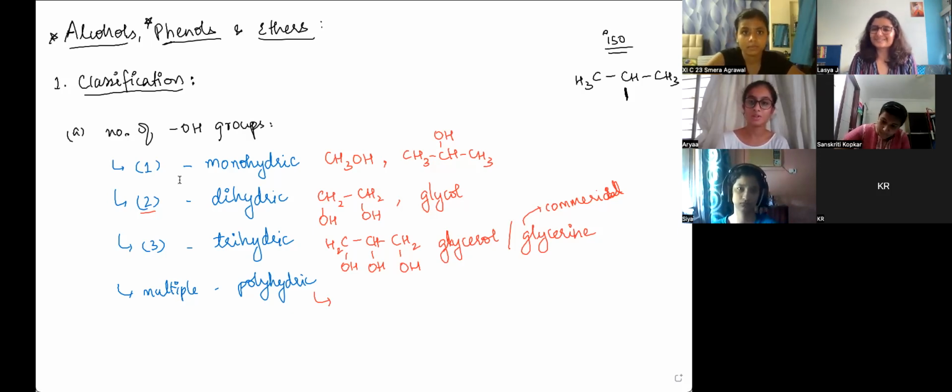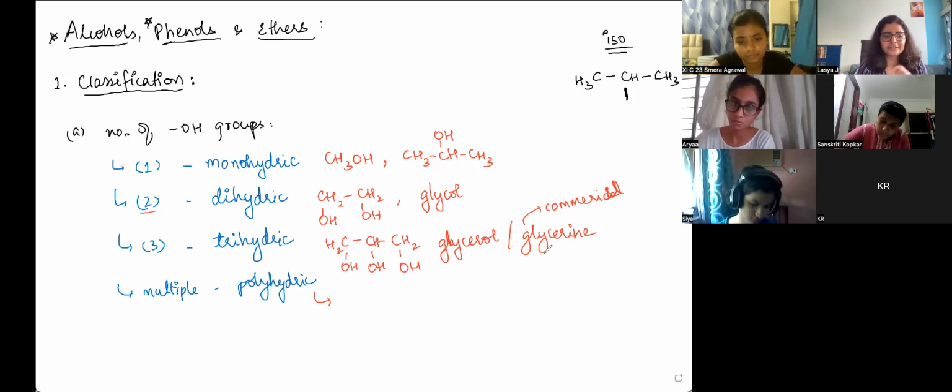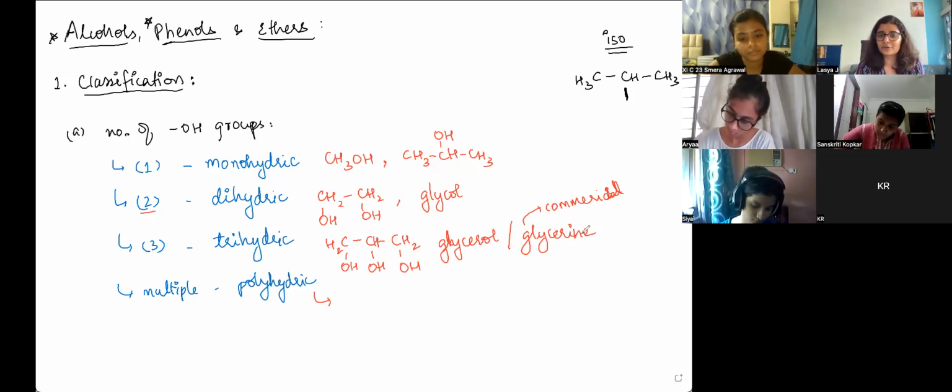That is glycol, sorry. Another difference between glycerol versus glycerine: whenever you come across them, they refer to the same thing. It's just the context where you use it that is different. I've also read British English, American English have a difference. Commercially, if it is 100% pure, you call it glycerol, but commercially it is also known as glycerine. But glycerine, glycerol, basically the same thing. It's basically a byproduct during manufacture of soap.